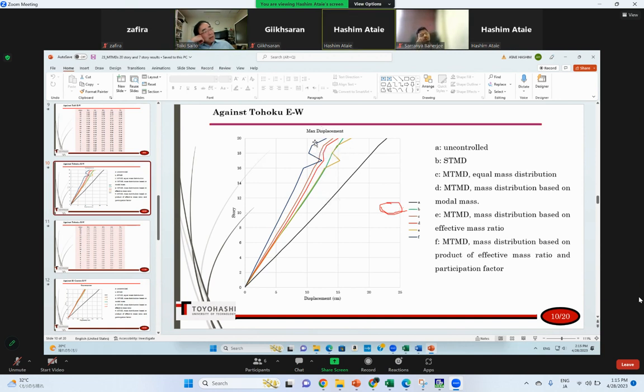And also in the 19 and 20 floor as well.